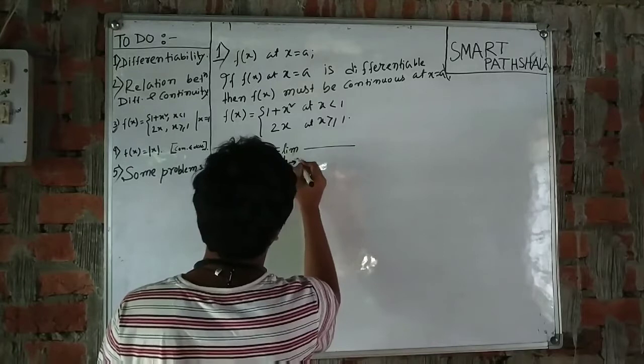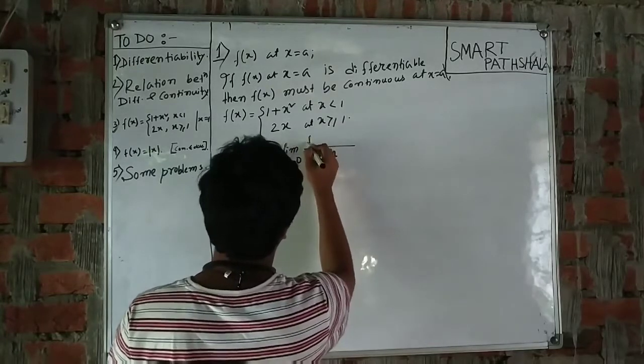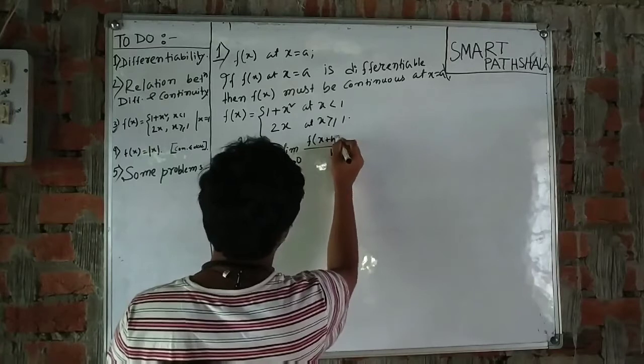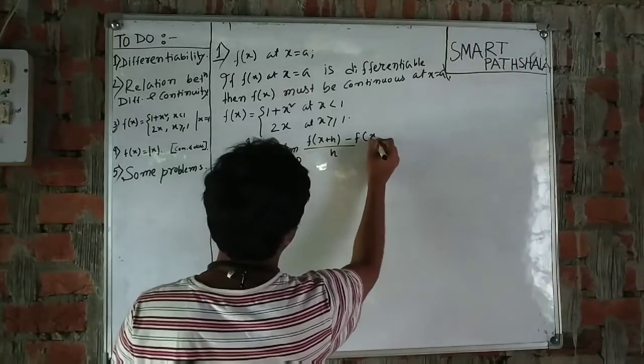f dash x can be written as limit h tends to 0 of f of x plus h minus f of x.